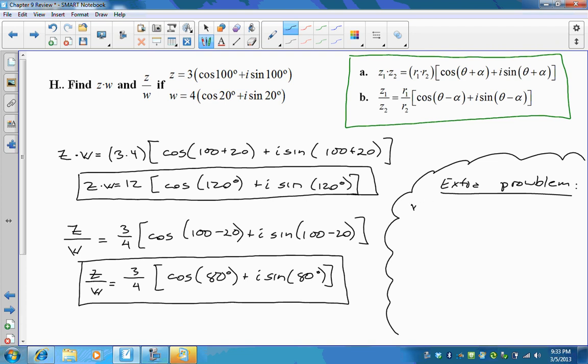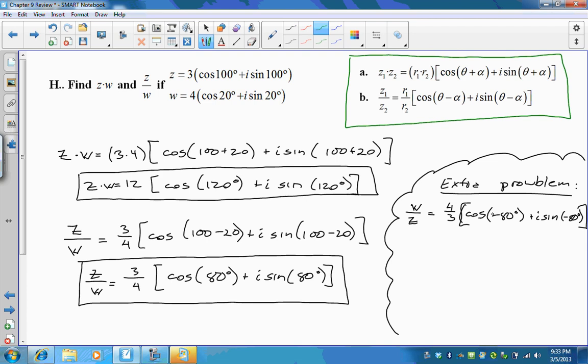If I did W divided by Z, you follow the same formula, except now W is going to go on top. Instead of 3 divided by 4, it'd be 4 divided by 3, and then it would be the cosine of 20 minus 100, which is actually negative 80 degrees, plus I times the sine of negative 80 degrees. And negative 80 is a problem, because for these problems, I do want your angle to be between 0 and 360.